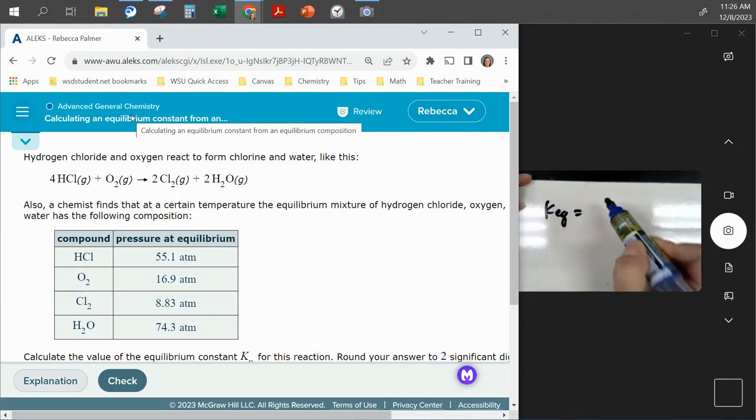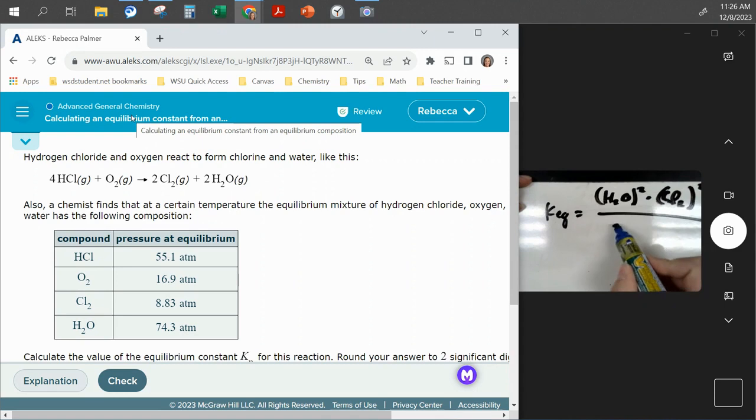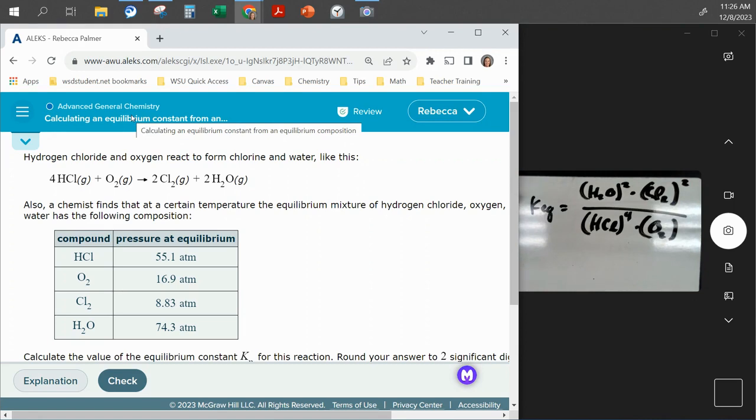So the equilibrium expression is products: we've got water squared times chlorine gas squared, because there's a 2 in front, all over HCl gas to the 4th power times oxygen gas to the first power, because there's just a 1.